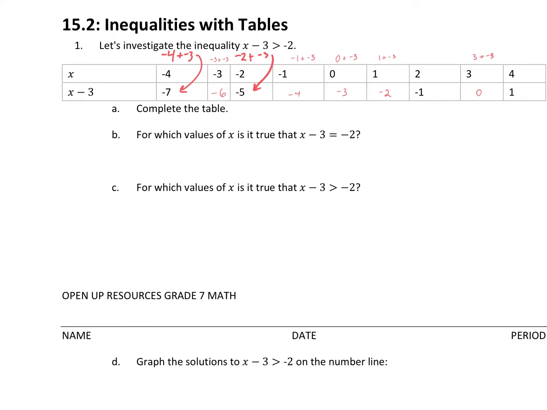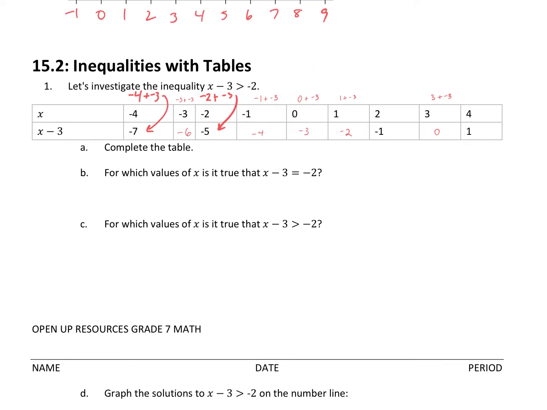Alrighty, so let's take a look. Where do we see where x minus 3 is equal to negative 2? That shows up right here. So that tells me when x is equal to 1, x minus 3 equals negative 2. Then we're also looking for where the values are greater than negative 2.